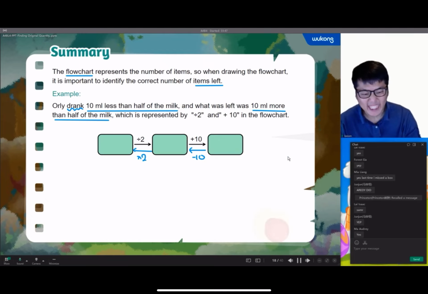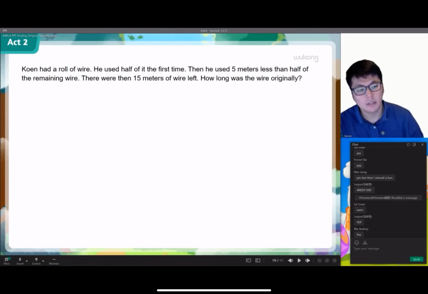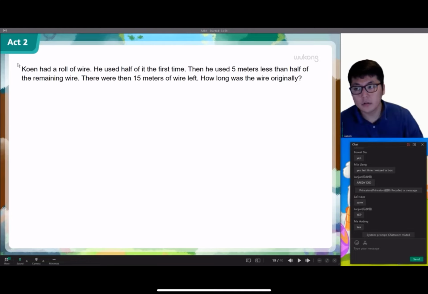Okay? And now, here comes the next question. So again, I'll give you a blackboard to do this flowchart. I'll give you another trophy if you can get the flowchart correct as well, guys.